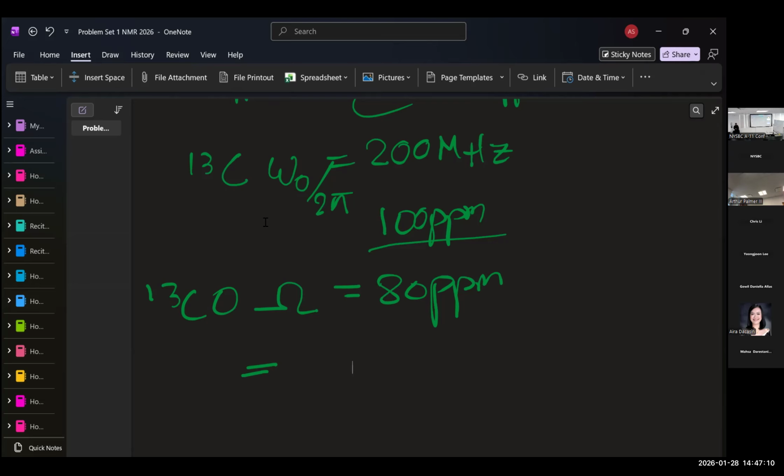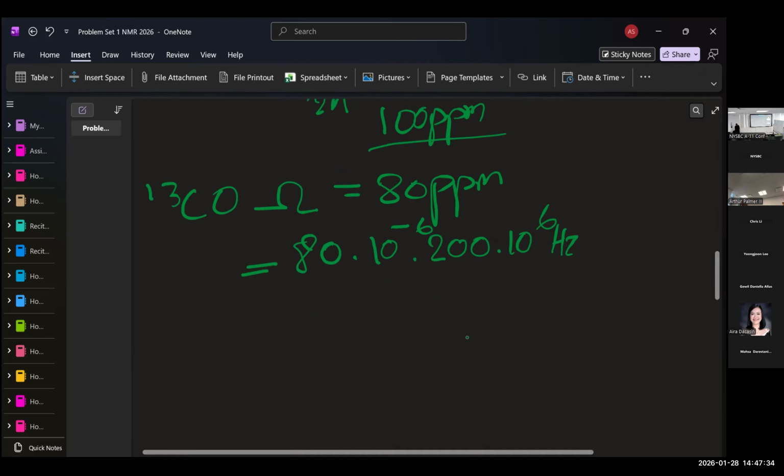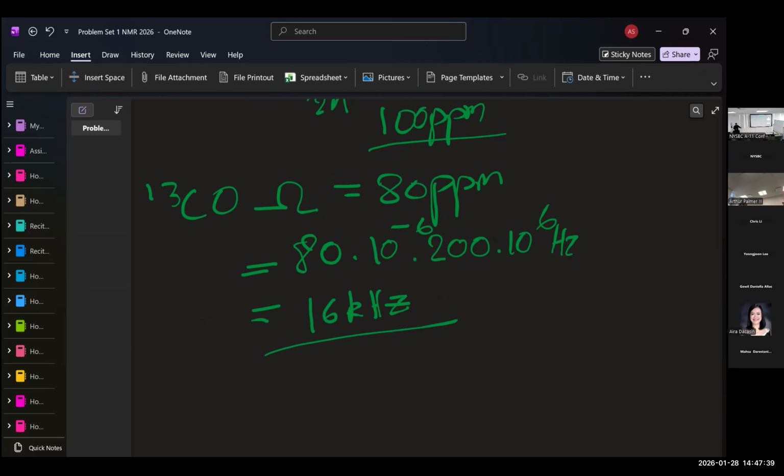So if you're 80 ppm off the carrier and you're on 200 megahertz, I get 80 times 10 to the minus 6, which is a placeholder for 80 ppm, and 200 times 10 to the 6 hertz. I just put that in and I get 16 kilohertz as the offset at the far end of the carbonyl region, from the middle of carbon.